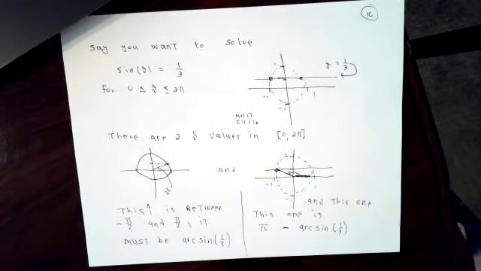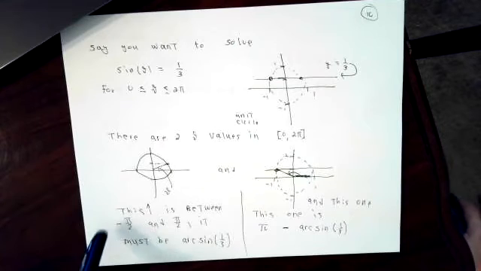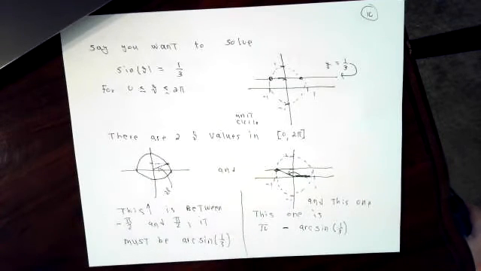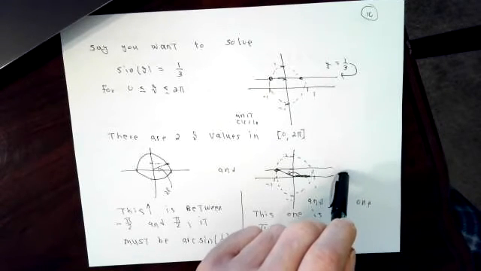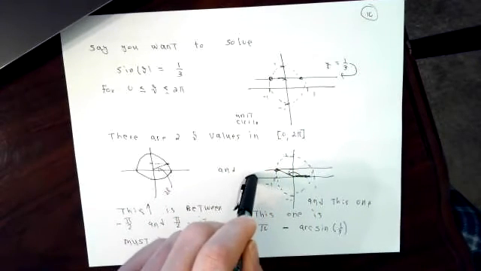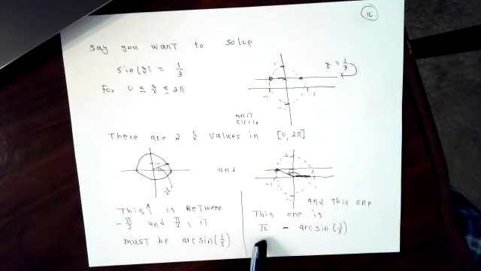If you look at the angles separately, this angle is between negative pi over 2 and positive pi over 2. Because of what we said about the arcsine function, that angle, the one that's in the first quadrant, must be arcsine of 1/3. And this one, if you think as we have previously, starting here on the positive x-axis, if you went all the way to here, that would be pi radians.